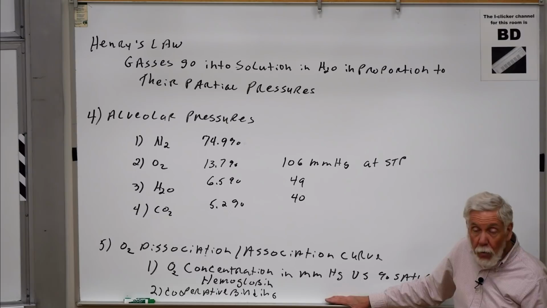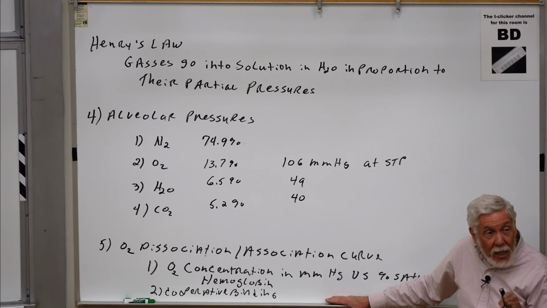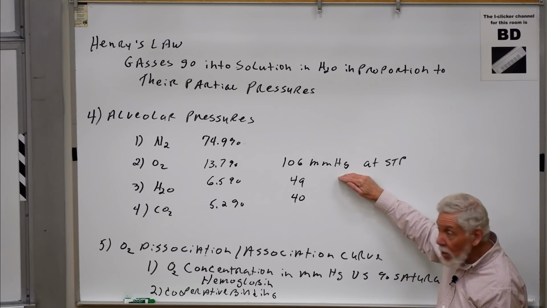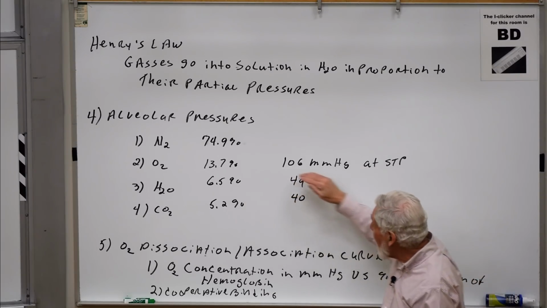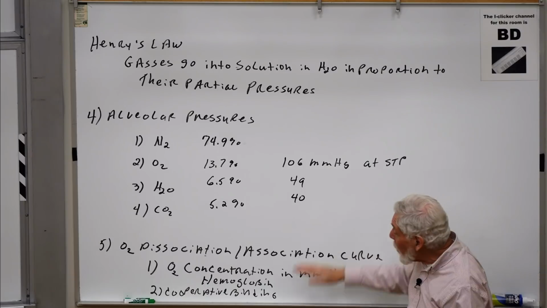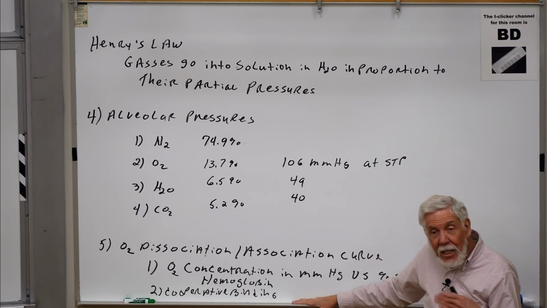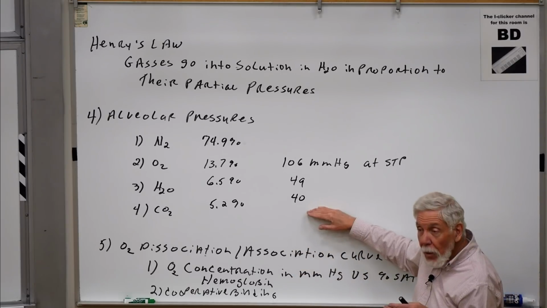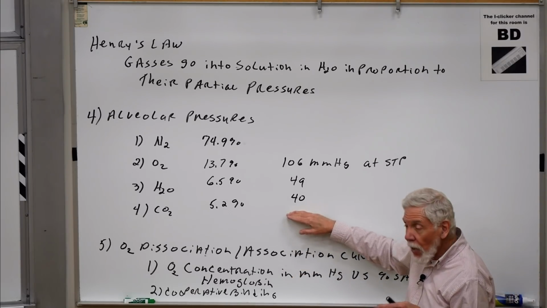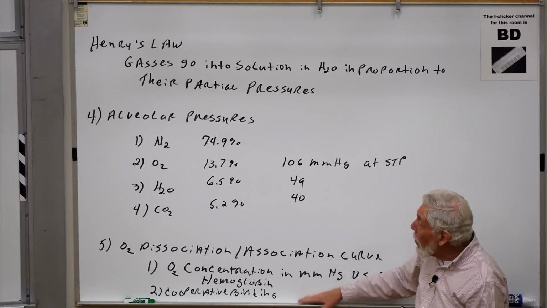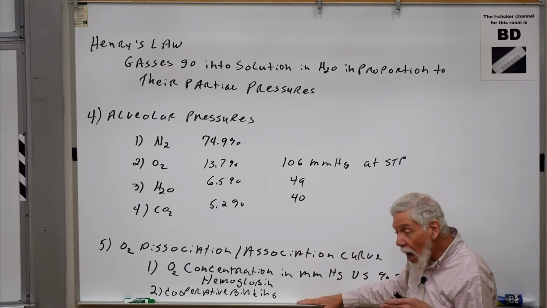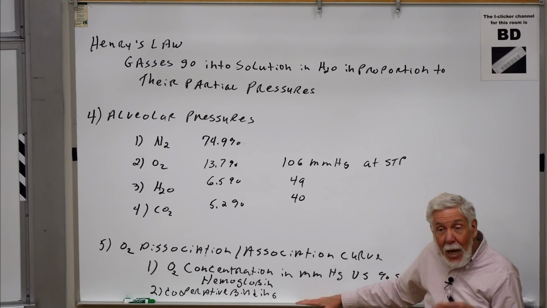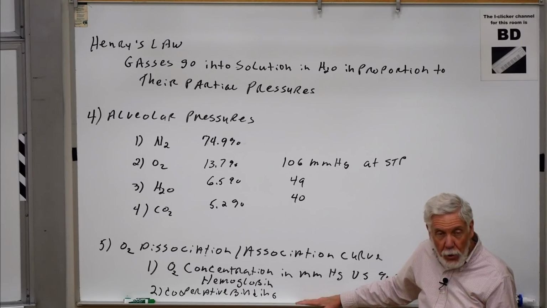When we draw this curve, we'll also incorporate into it what happens when we're in the alveolar space, where the alveolar space has 106 millimeters of mercury, and what happens in the blood as that blood is returning in the pulmonary capillaries to become closely opposed to the alveolar space. The partial pressure of oxygen in the blood coming back from the tissues is in the neighborhood of 40 millimeters of mercury.